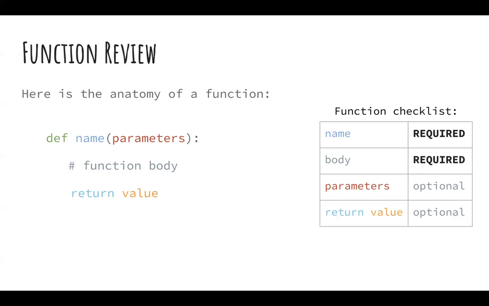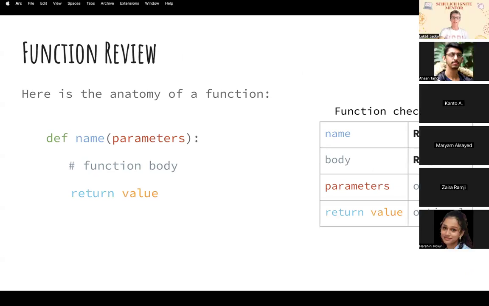Functions are defined as follows. You first need to use the def keyword, which is shorthand for define. Then it is followed by the name of the function, which is followed by an opening round bracket inside which can be parameters. Parameters can be of any type and of any number.